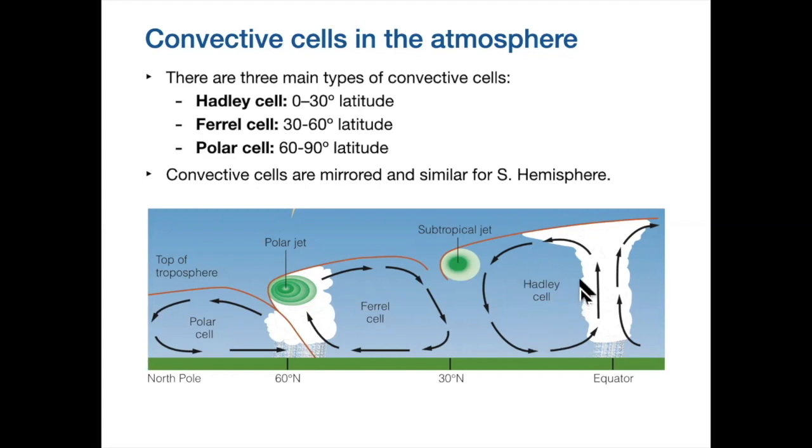Closest to the equator, we have the Hadley cell, named after a British atmospheric scientist, and that goes to about 30 north or 30 south. In the mid-latitudes, we have the Ferrel cell, which was named after an American atmospheric scientist. And then we have the polar cell, which is the one that makes the most sense because it's named after the region of the globe it's in. And we have Hadley, Ferrel, and polar cells in the southern hemisphere.